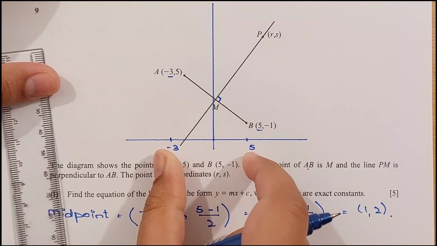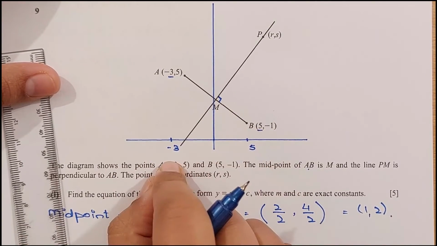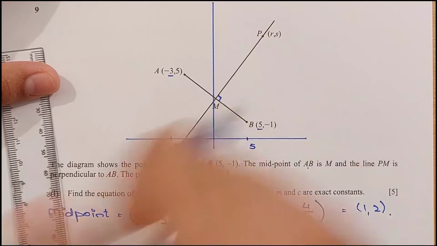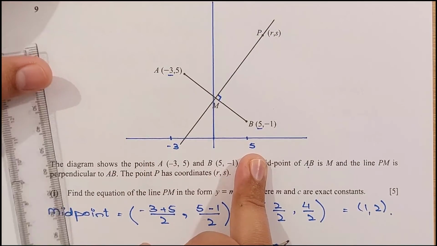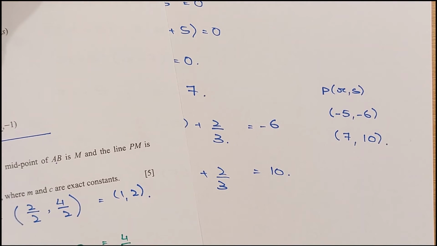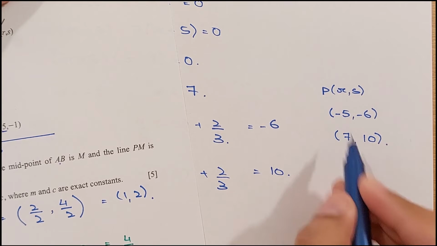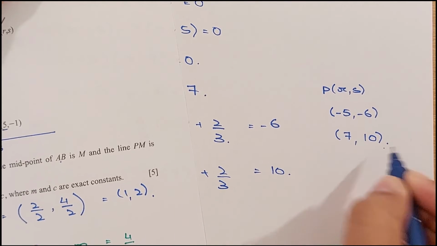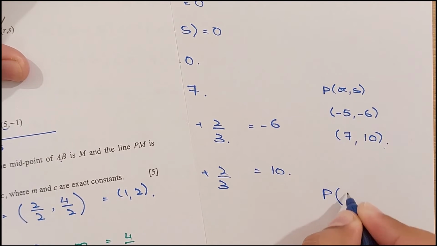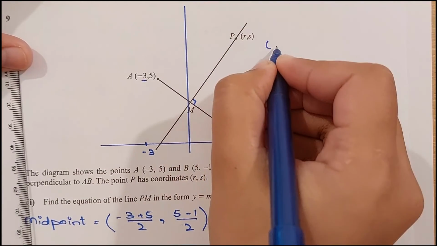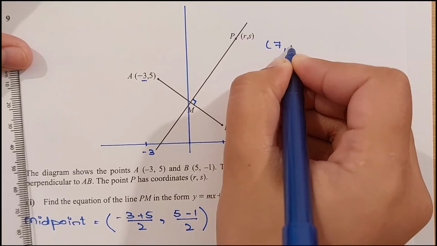So the P value must lie between these two. The coordinate r is between minus 3 and 5. So which is between minus 3 and 5, is it minus 5 or 7? It is 7. So the only coordinates of P are 7 and 10. The values of r and s are: r is 7 and s is 10.